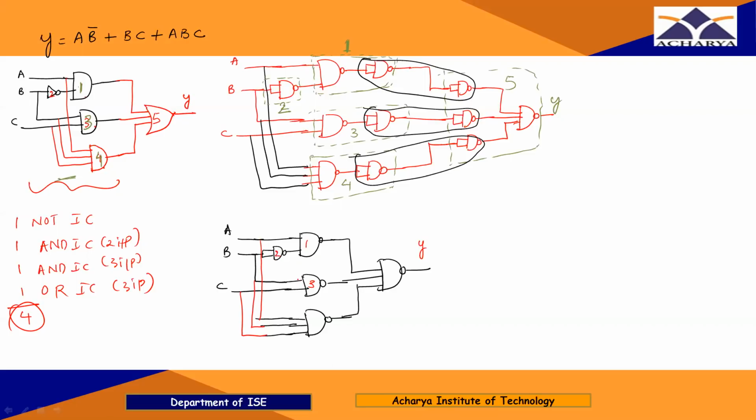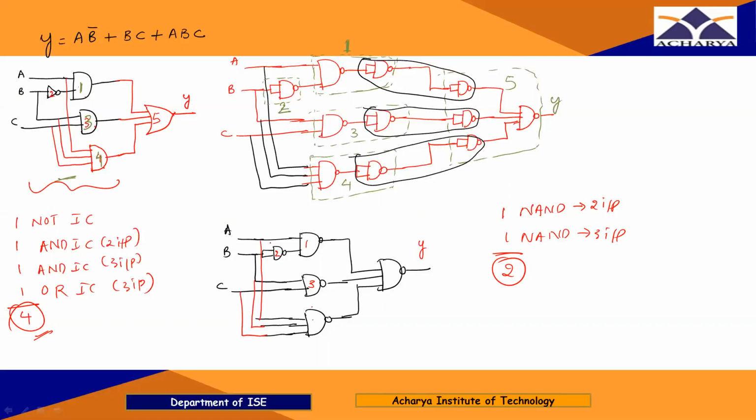In one IC there will be four gates, so I need only one NAND gate IC which is of two input, and here I have two gates which have three inputs and one more NAND gate which is of three input, right? So here I need only two, but here I need four, right?